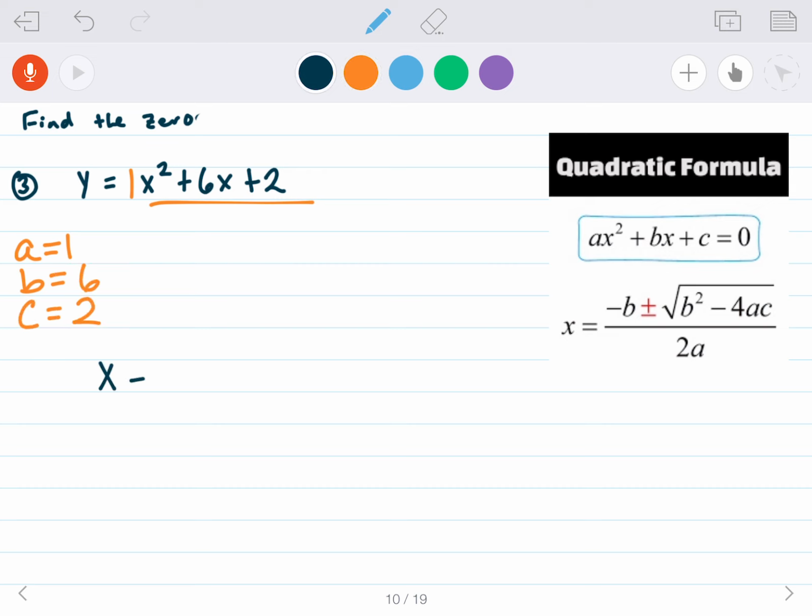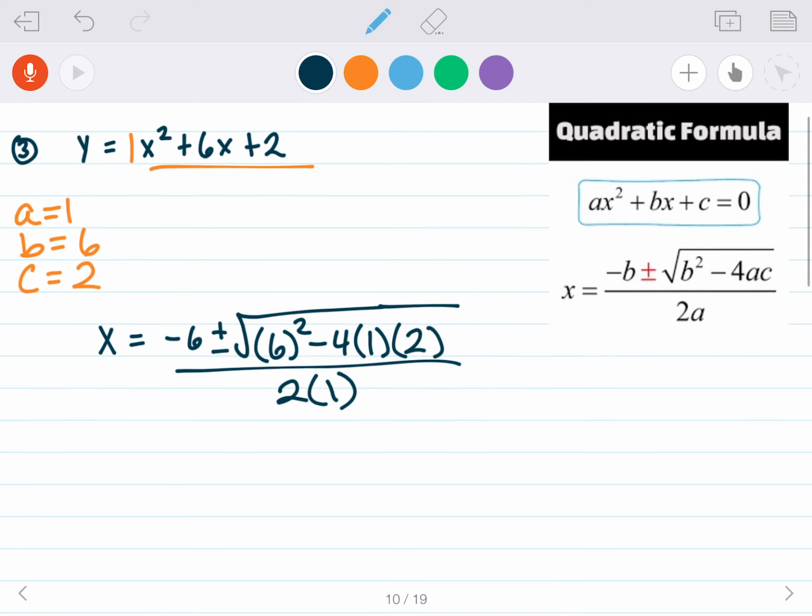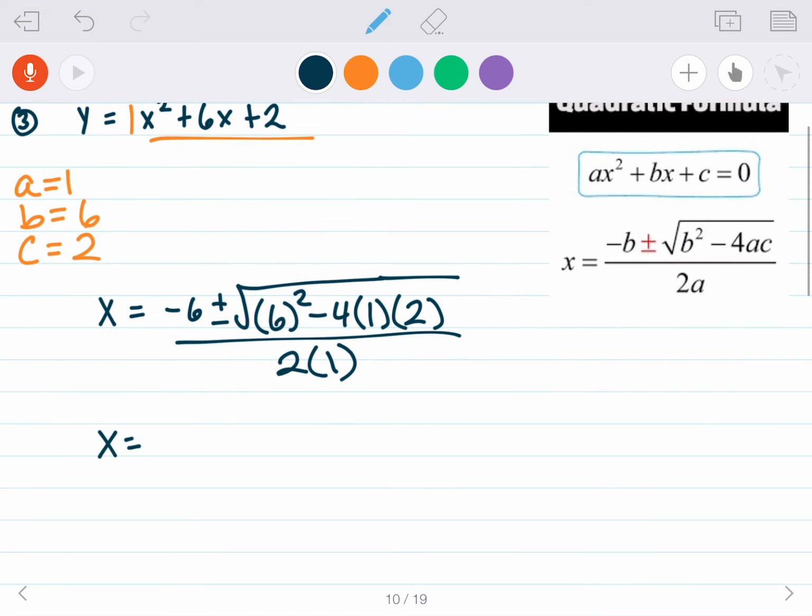And using the quadratic formula right here, we have -b on the outside, so -6 on the outside, plus or minus the square root of 6 squared, right, that's b squared, minus 4 times a, which is 1, times c, which is positive 2. And that's all going to be divided by 2a, 2 times 1. Let's clean it up. On the outside, we can't clean that up.